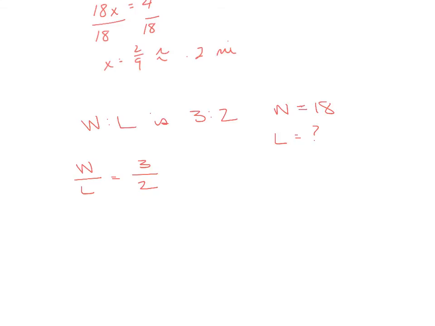We know they won 18 games, so we substitute W with 18: 18 over lost equals 3/2. Then we can cross multiply, and we get 3L equals 36. Divide by 3, and the number of games they lost was 12.